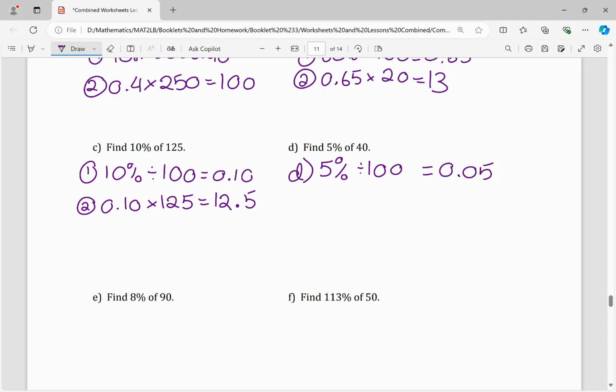That's a common mistake. So 0.05 times 40 is equal to 2. So 5% of 40 is 2.